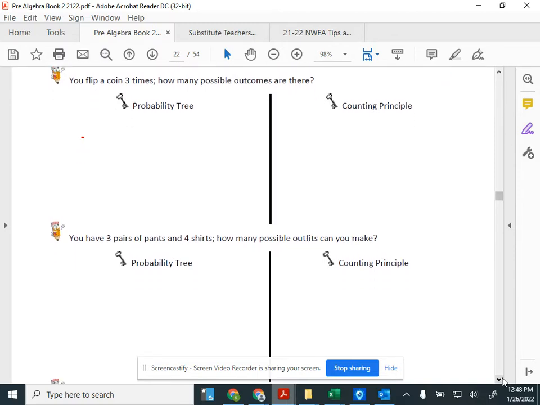So we're going to look at flipping a coin. And let's say we're going to flip that coin 3 times. How many possible outcomes could there be? If I'm going to flip my coin once, I'm going to call that flip 1.